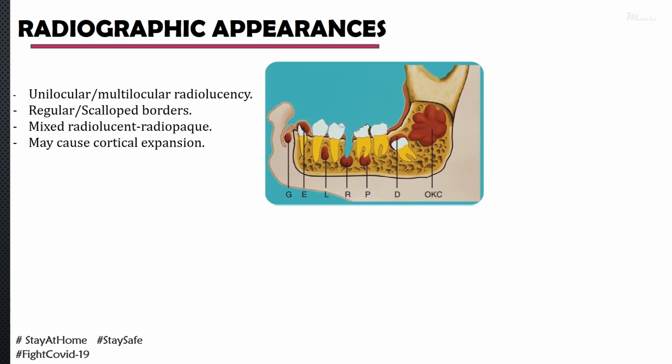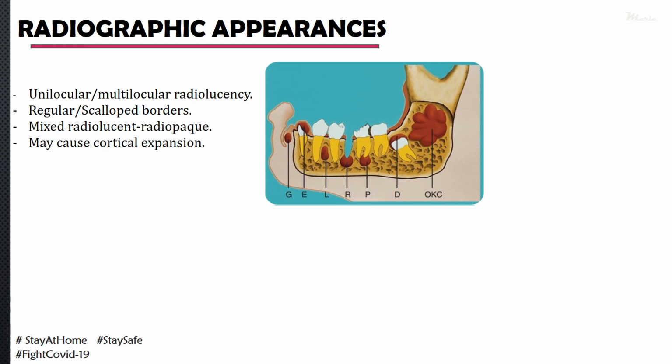Sometimes the radiolucency may be superimposed by some foci of radioopacity, resulting in a mixed radiolucent radioopaque lesion. On some occasions, the cyst may also result in cortical expansion. In such instances, it gives rise to swelling of the face.